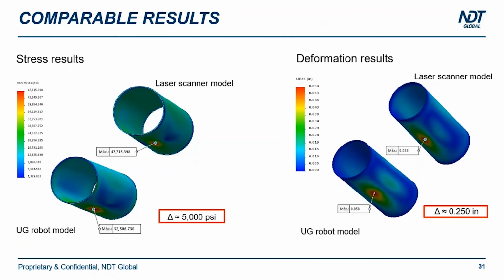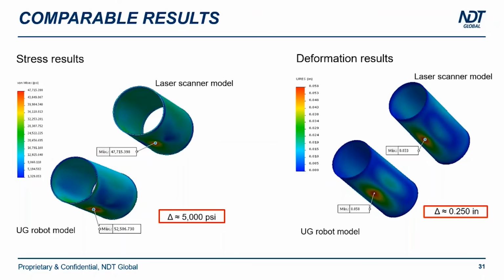When we take this to stress calculations, deformation results, this is when it gets interesting, and this is when we have to ensure that we are providing the best result possible. On the bottom side, we have the UG robot model, and on the top side, the laser scan model.